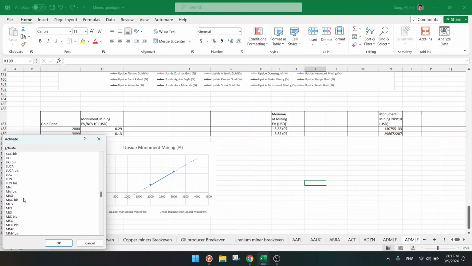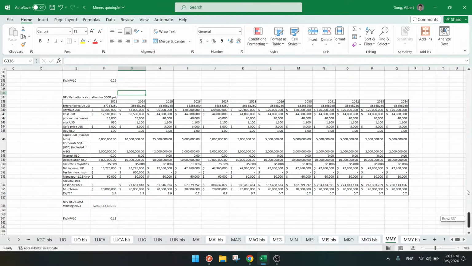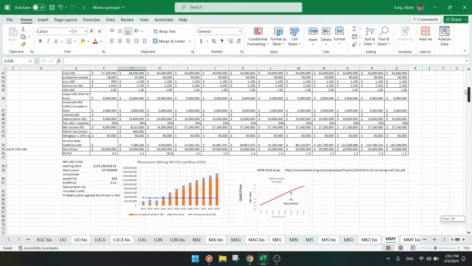Is that correct? 300% upside? Yes, because we go from 40 to 150, so that's times 4. Yeah, that's times 4, so that's 300% upside.